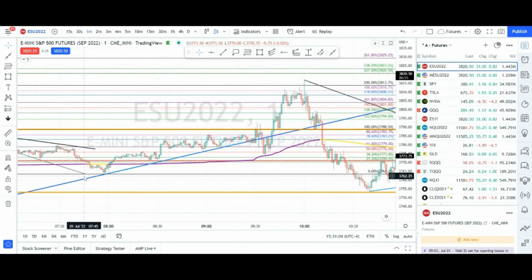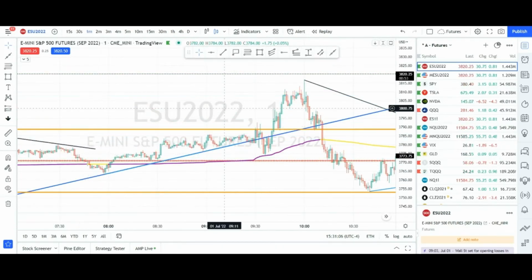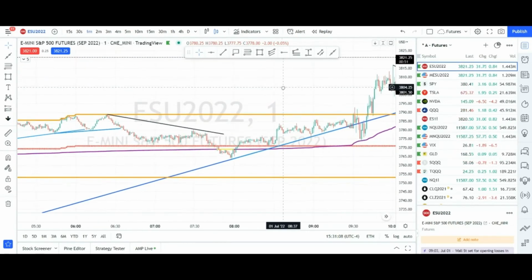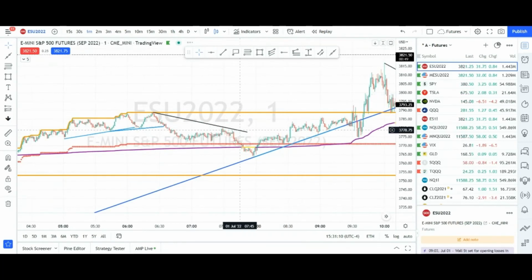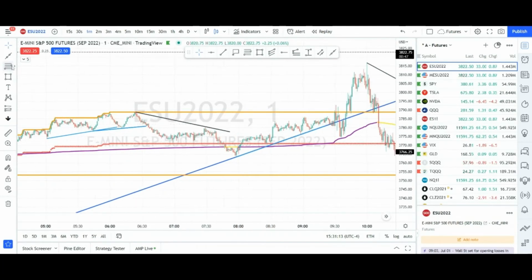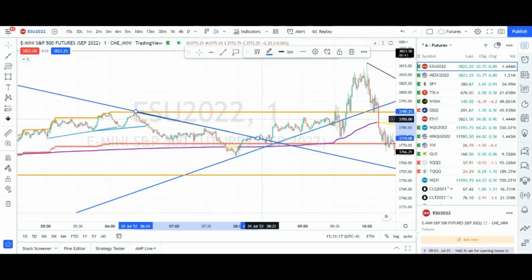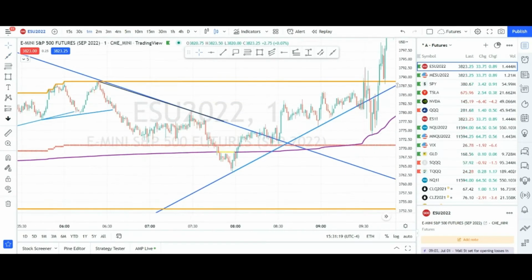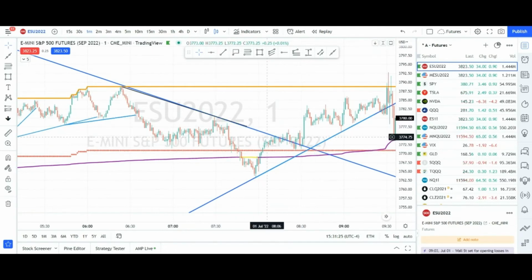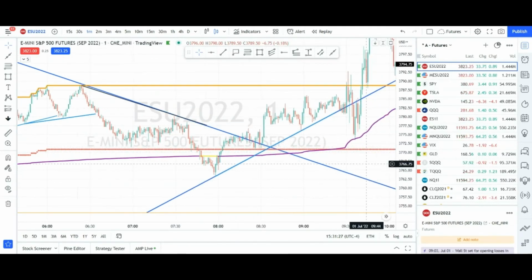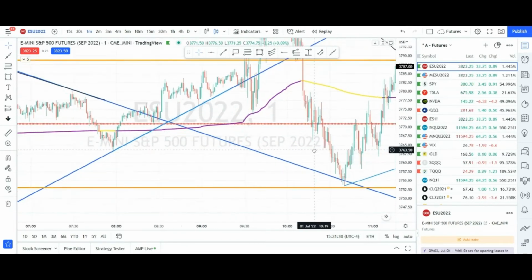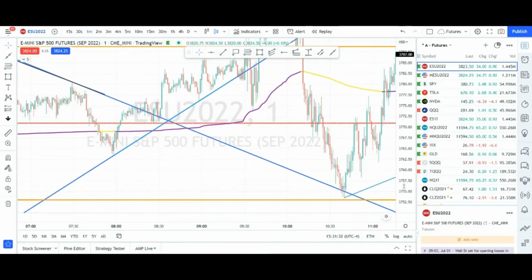I was just telling you that if I go with the trend lines, I can see what the trend lines are doing. If I extend these trend lines, it will automatically create them on the indicators. The price is taking the support over this trend line. Maybe in the future I will extend it up to the maximum, but you will see only the last line as the extended line.